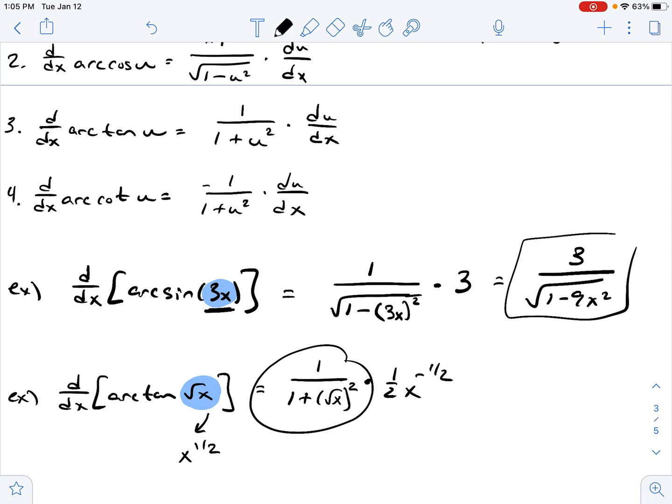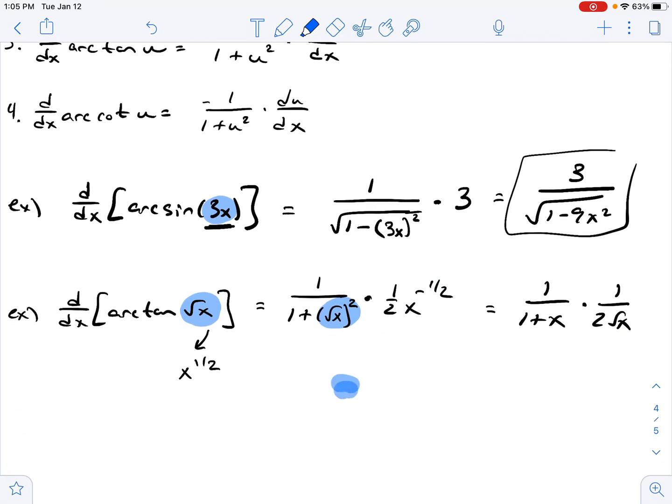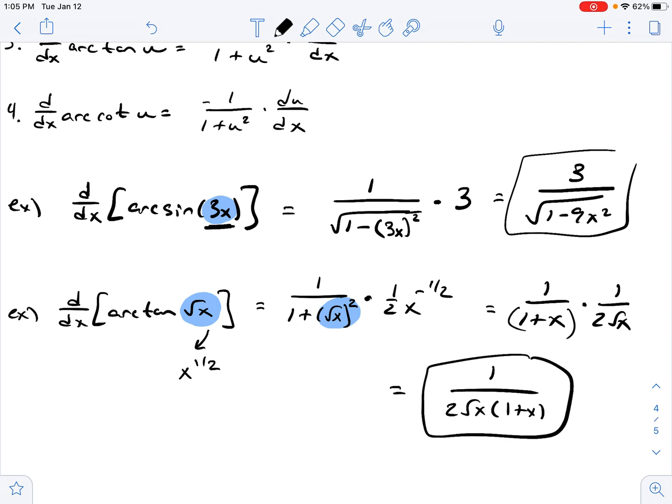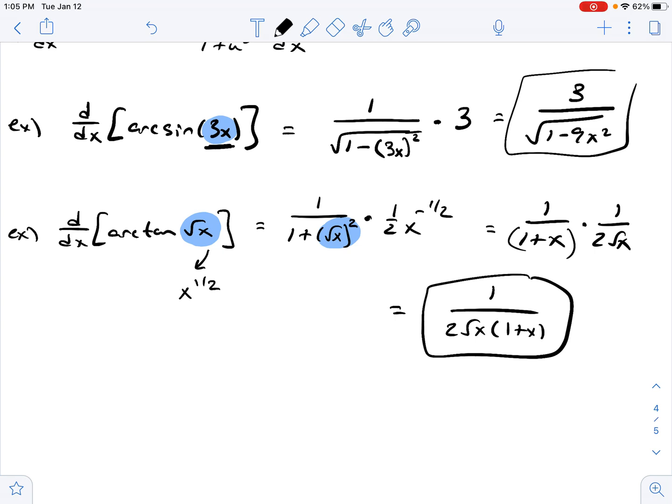All right, so here was the inverse trig portion. Here was the chain portion. Cleaning this up a little bit, let's see. Radical x squared is just x, 1 over 1 plus x. And then I can rewrite that as 1 over 2 radical x, this thing right here. And if I clean that up, I multiply tops and bottoms together. I just get a 1 in my numerator. I'm going to put a parenthesis around that and write it as 2 radical x quantity 1 plus x. And there's our derivative.